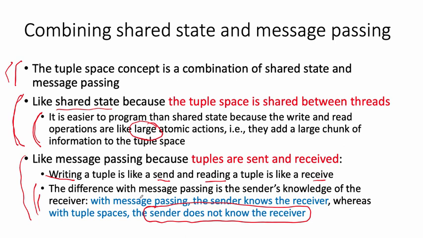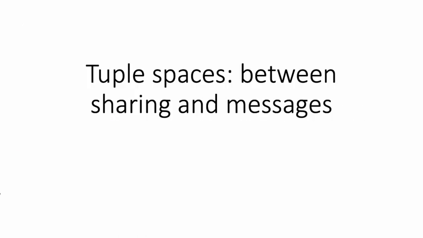Okay, so that's the difference. So it's a very interesting kind of message passing. You send messages, somebody will receive, but you don't know who. You don't know the receiver.